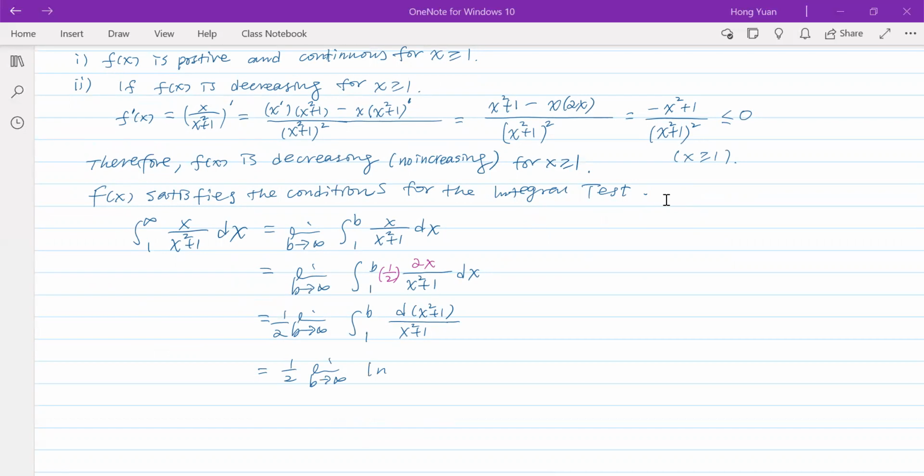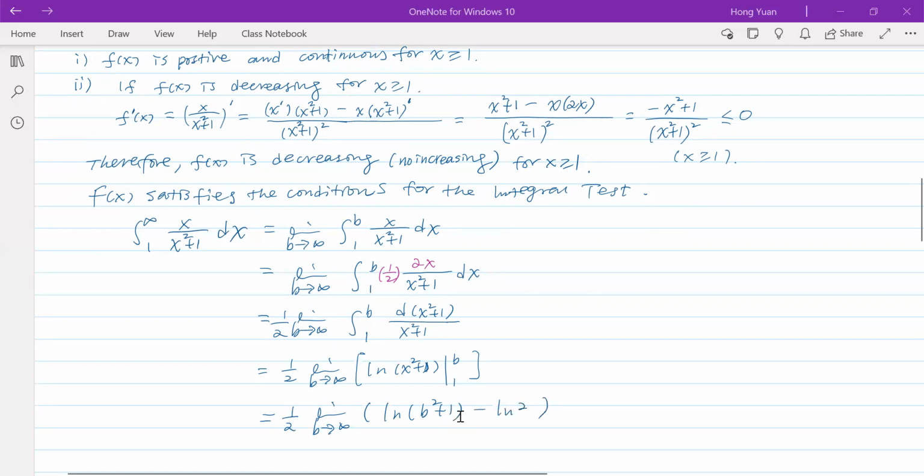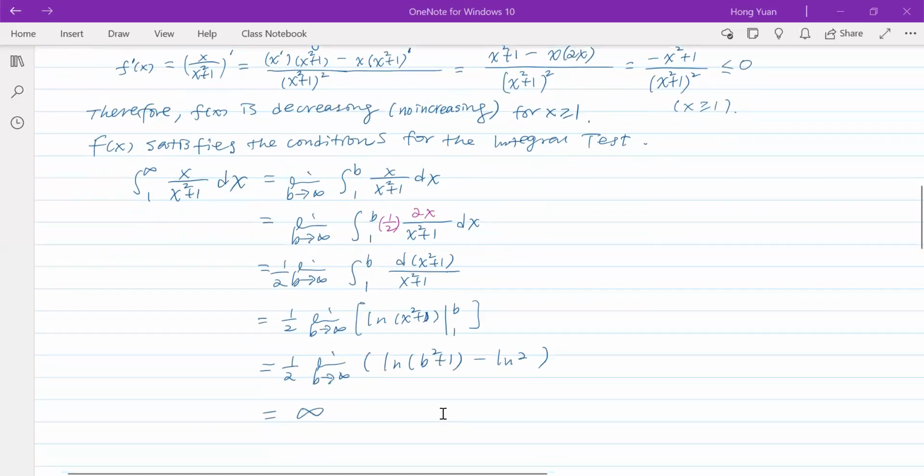Equals 1/2 times ln of b squared plus 1 minus ln of 2. As b approaches infinity, ln of b squared plus 1 approaches infinity. So this limit doesn't exist; it's infinity.